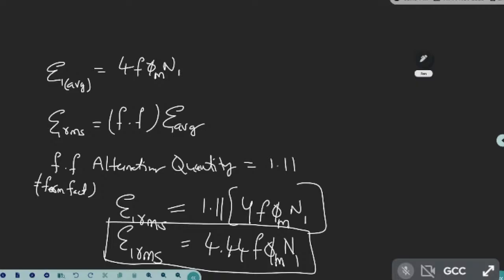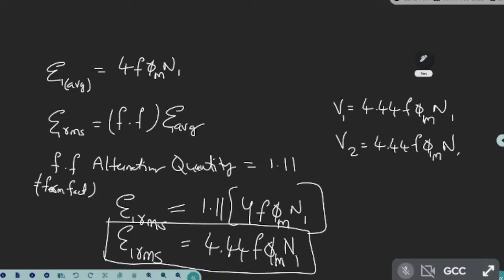4.44 f pi m n1. If it is E1, n1. If it is E2, n2. Simply you can write this as V1 is equal to 4.44 F pi m N1, V2 is equal to 4.44 F pi m N2.